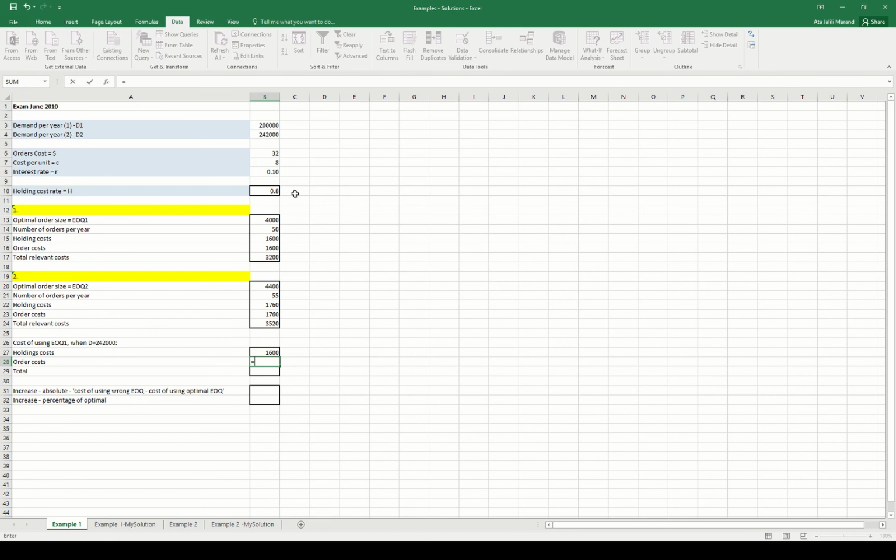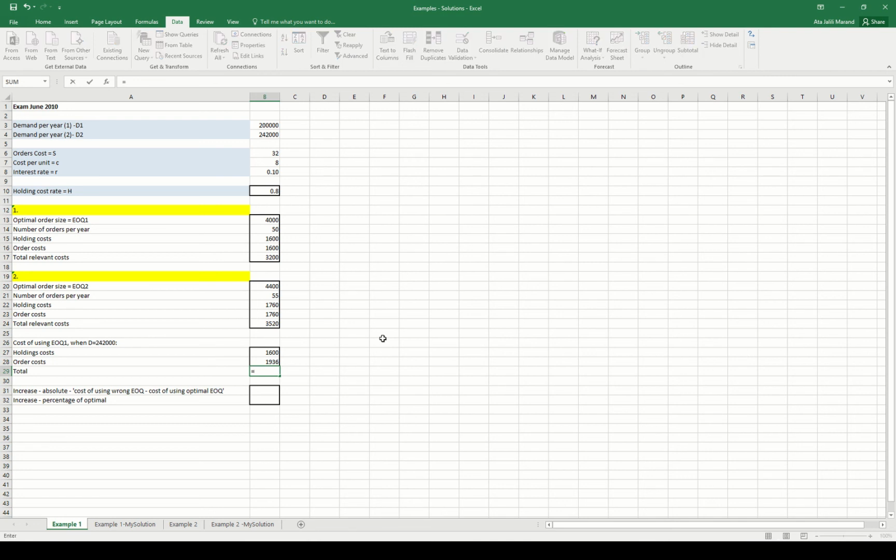And then we have ordering cost. Ordering cost is the order cost per order multiplied by the number of orders made per year. The number of orders made per year is in fact the demand divided by order quantity. So it will give us an ordering cost equal to 1,936.